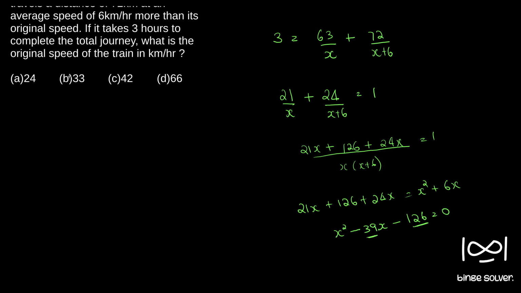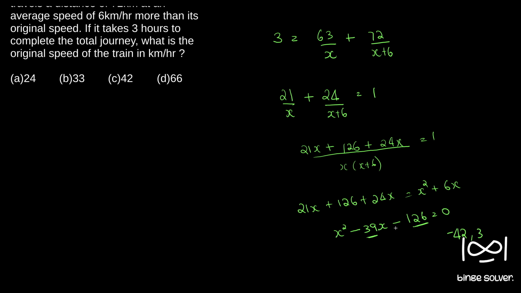Looking at the answers, one answer has to fit this equation. The closest one is 42. If it is 42, we can say minus 42 plus 3 is minus 39, and 42 into 3 is 126. So product and sum match. So this is the solution.